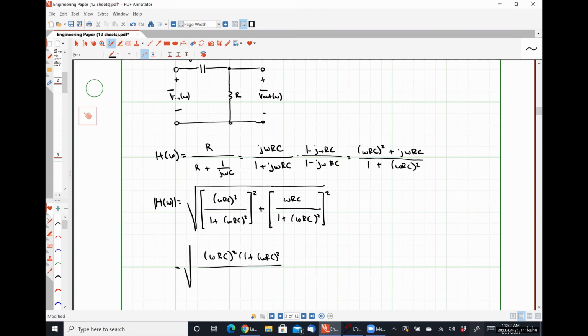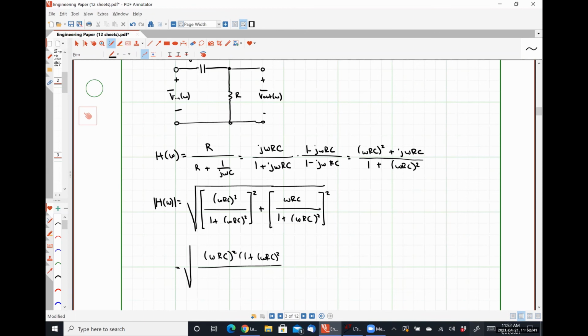Does everybody see that? I have omega RC squared plus omega RC squared is omega RC squared times 1 plus omega RC squared. That's what I'm trying to get at there.